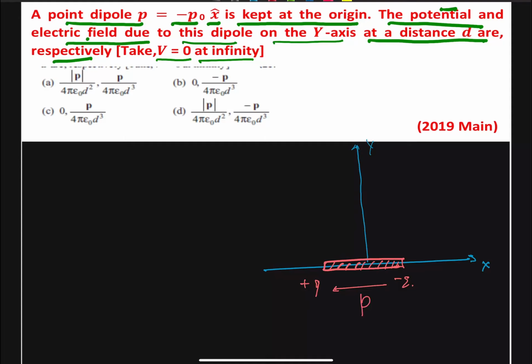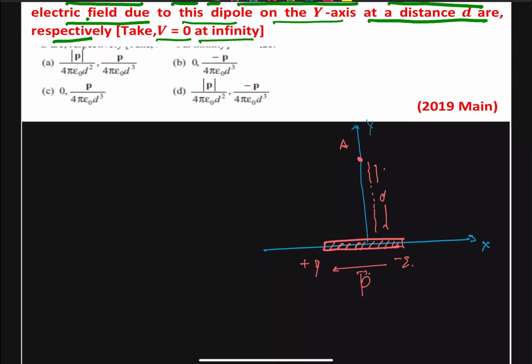This is our dipole P, and for a point which is at a distance d, we call this point A. Let us write the coordinates of the charges: for the sake of convenience, let us say this is minus a comma 0, and obviously the other will be plus a comma 0.